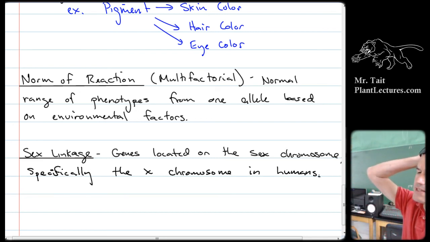Why do you think that it wouldn't be located on the Y chromosome? Yeah, because not all humans have Y chromosomes, and therefore it couldn't be a trait that we see in all humans.